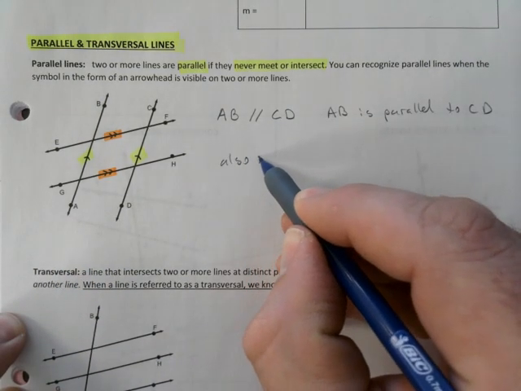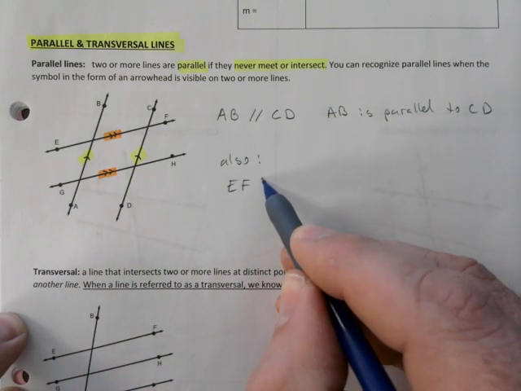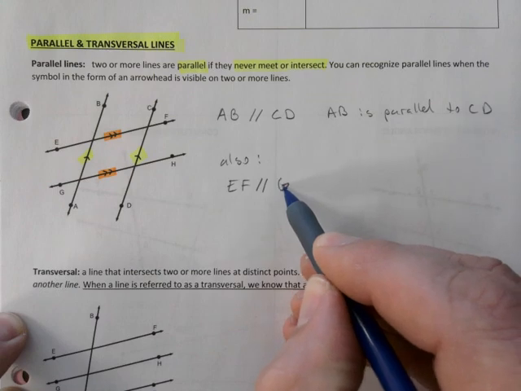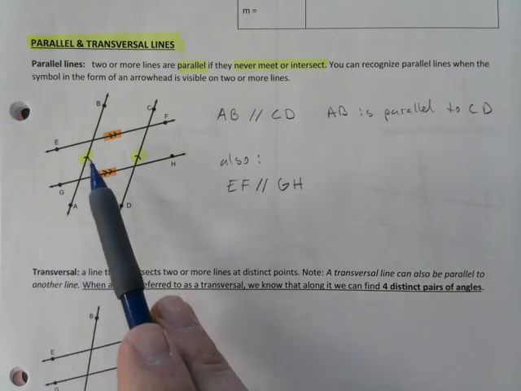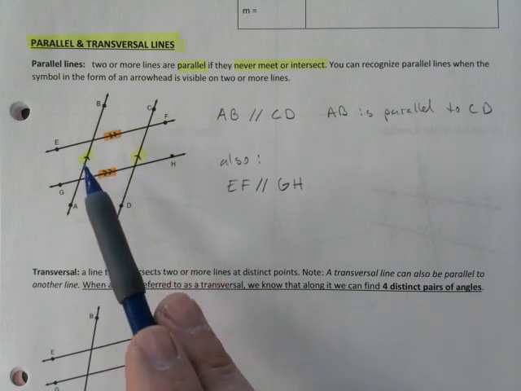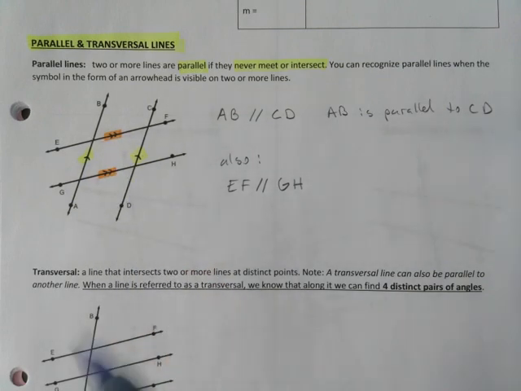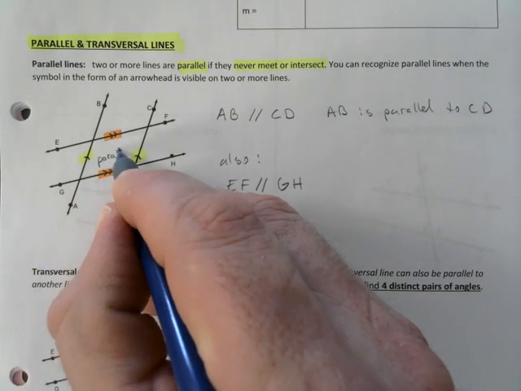Also, segment EF is parallel to GH. So you've got two sets of parallel lines there. And the shape that is formed in here is actually a parallelogram, because you've got parallel sides here. This is a parallelogram.